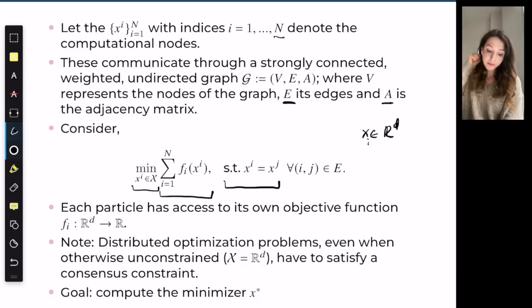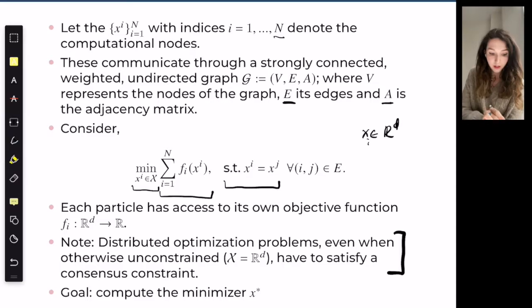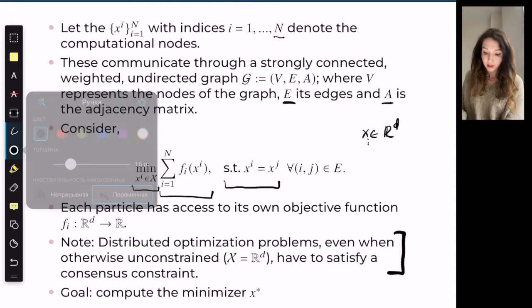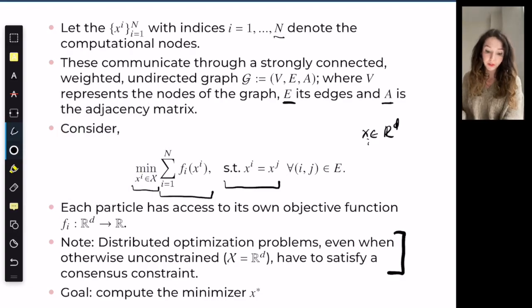So the one thing I want to note here is that even in a distributed setup, if this curly X is the whole of R^d, we still are in a constrained setup because we have this consensus constraint, the constraint that is constraining us to have equal values for all of the xi's in our system.